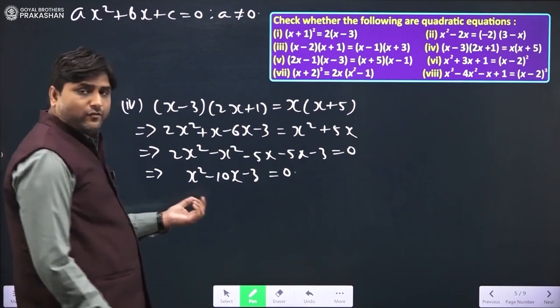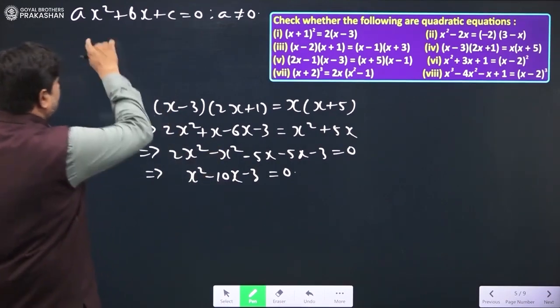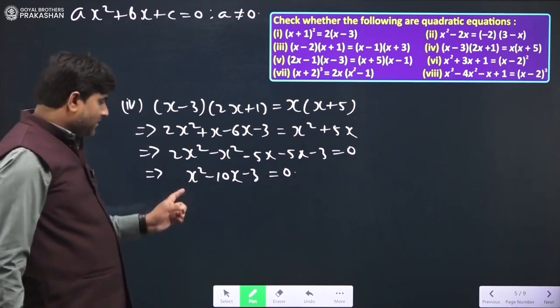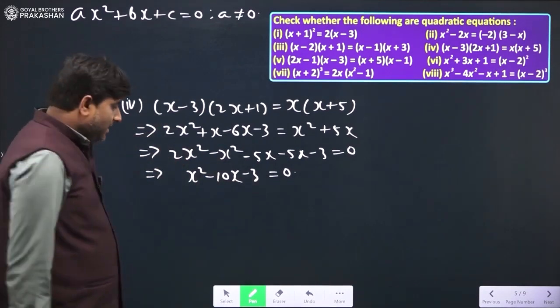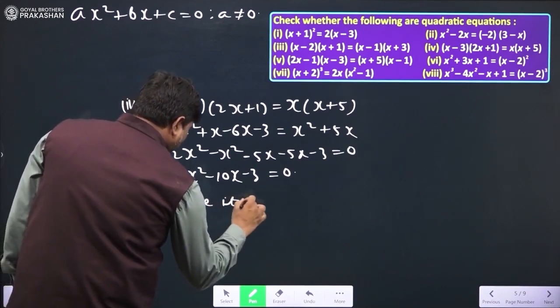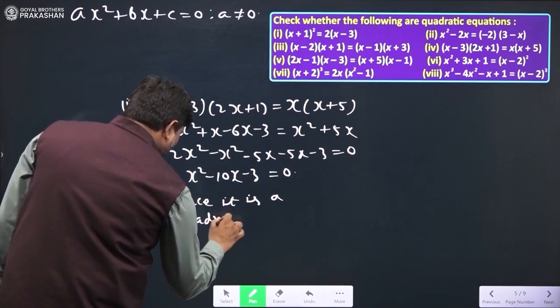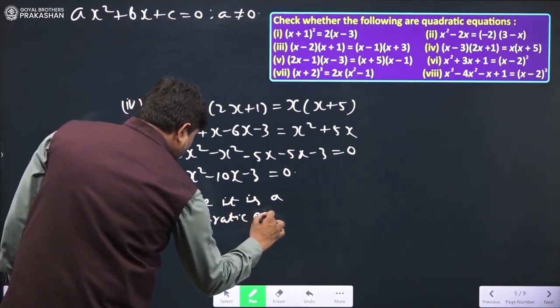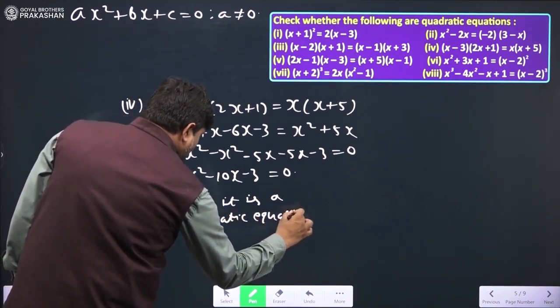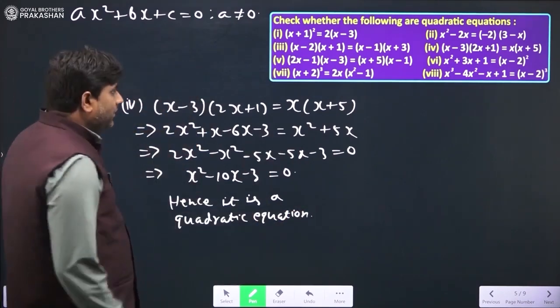So this is simplified form of given equation, and yes, this is in the form of ax square plus bx plus c, where a is 1, b is minus 10 and c is minus 3. Hence it is a quadratic equation. So in fourth part it is a quadratic equation.